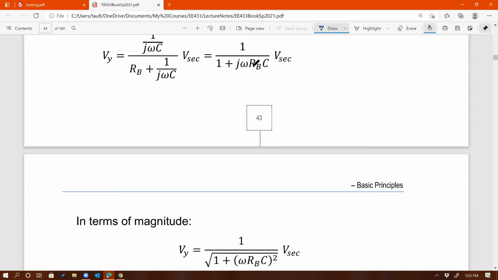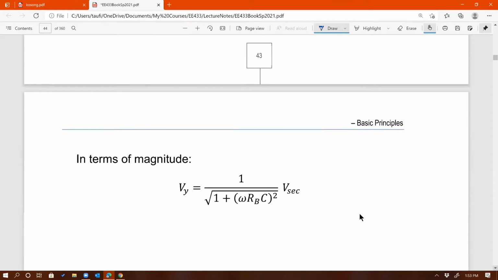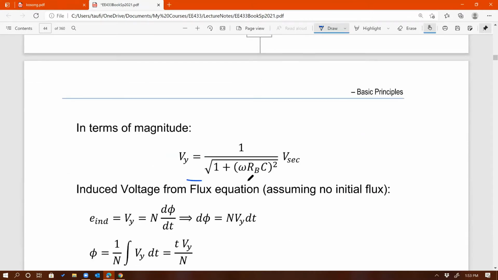Well, that's just a complex number, so the magnitude of a complex number is equal to the square root of the real part squared plus the imaginary part squared. So that's what I have right there in terms of the magnitude of the voltage Vy that goes into the scope. That is the equation right there.